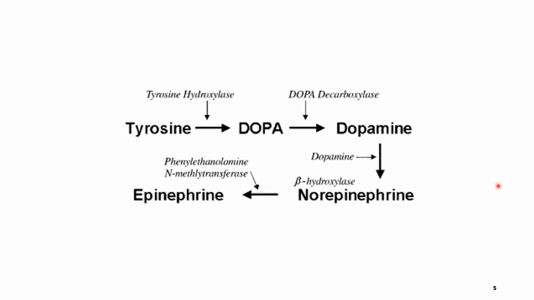Further, dopamine is converted to norepinephrine by the enzyme dopamine beta hydroxylase. In the adrenal medulla and a few brain regions, the norepinephrine is converted to epinephrine by the enzyme phenylethanolamine N-methyltransferase. The biosynthesis of the catecholamines is summarized in this figure.